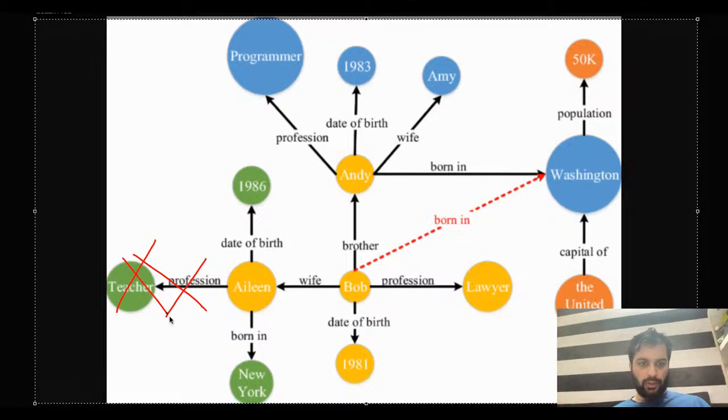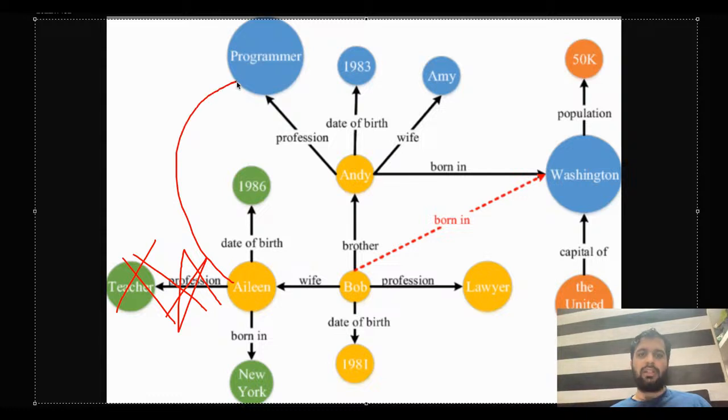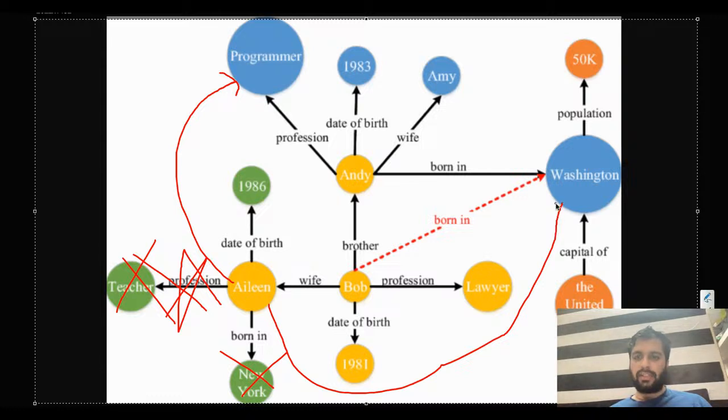Okay, just ignore this part and take an example. Alan is a professional programmer. Then what will happen? It will connect to here. This is how it will work. Or if I remove this, instead of Alan born in New York, I will say Alan born in Washington. So it will connect something like this.